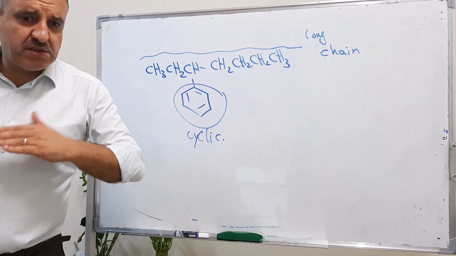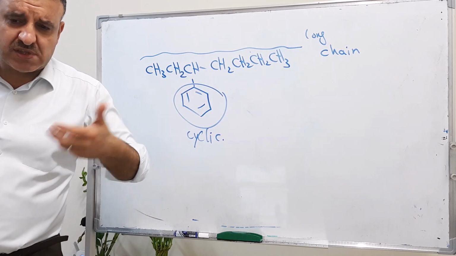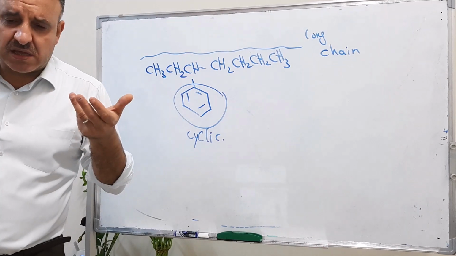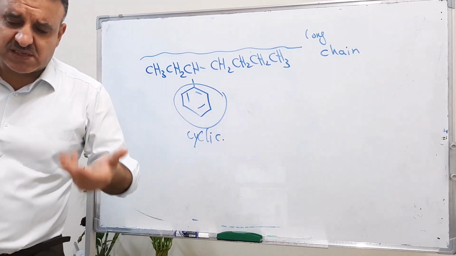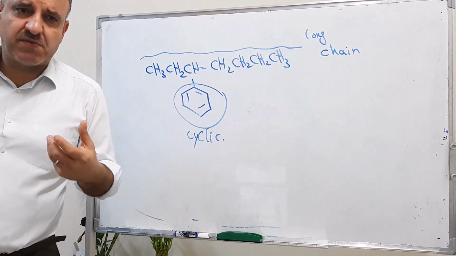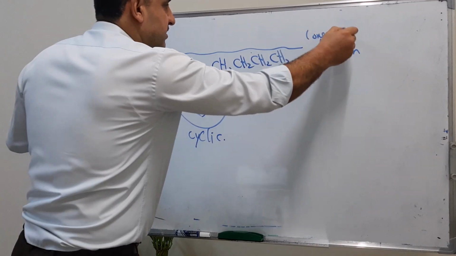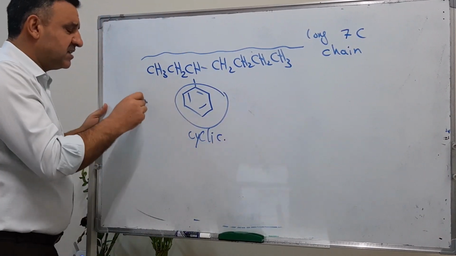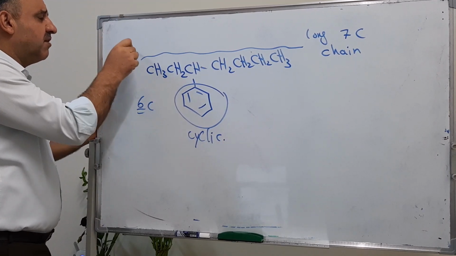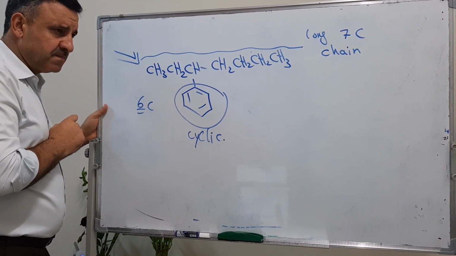Now, generally speaking, whenever we have two systems like these, we always use as the parent name the longest chain, or simply the system which contains more carbons. In the long chain here, we have 7 carbons, as you can see. In the cyclic system, we have 6 carbons. So it is obvious that this is our parent name. Clear?